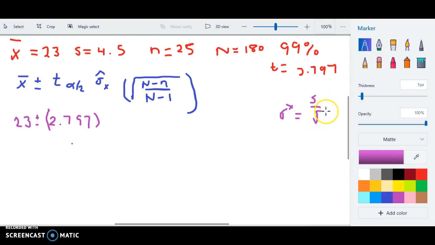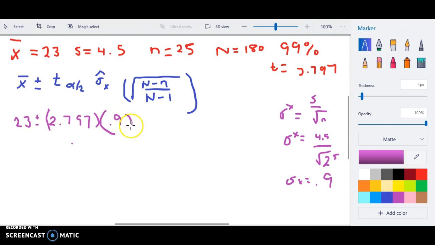We know that s, the standard deviation for the sample, is 4.5, and the square root of n is the square root of 25. So 4.5 divided by 5 is, I don't know why I'm putting the x in the exponent, so excuse that. You end up getting 0.9 there.